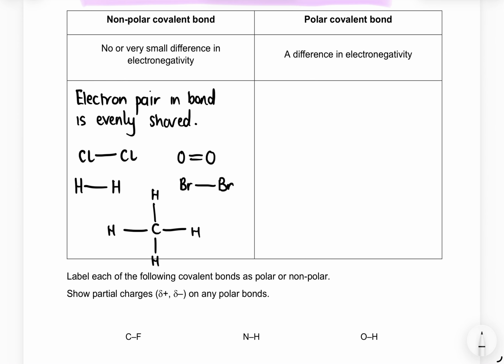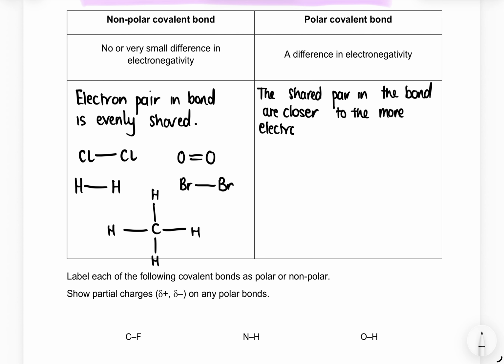So a polar covalent bond arises when we've got two different atoms connected to each other. The shared pair in the bond are closer to the more electronegative atom.